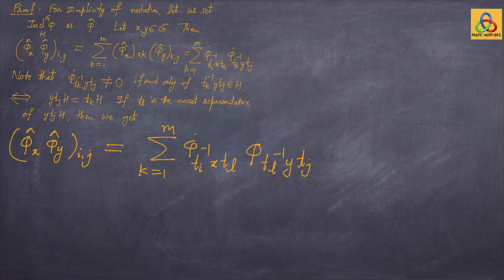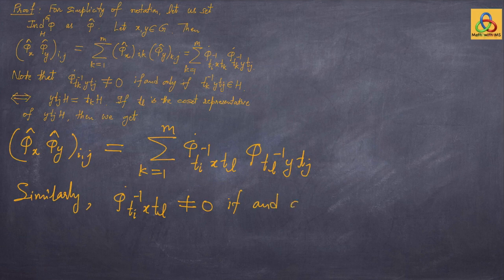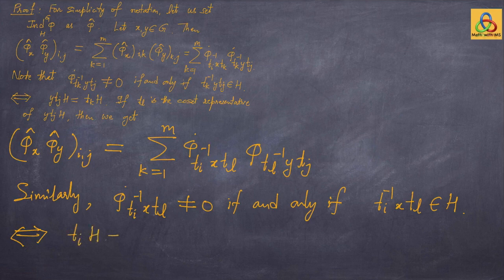Let's now look at the first factor here, phi dot of Ti inverse x TL. When is this non-zero? Again apply the same argument. Similarly, phi dot of Ti inverse x TL is non-zero if and only if Ti inverse x TL is in H, which happens if and only if Ti H is the same as x TL H. But what is TL H?